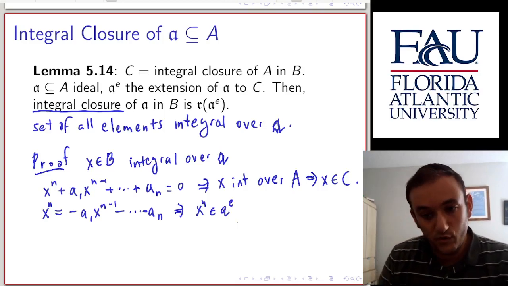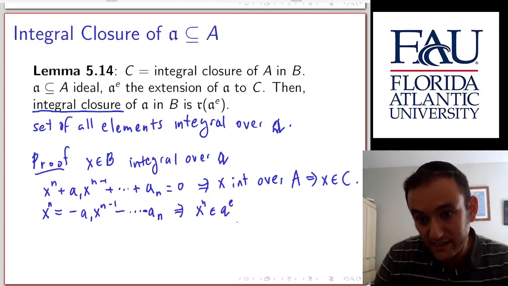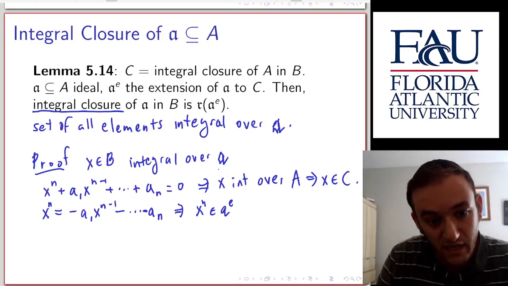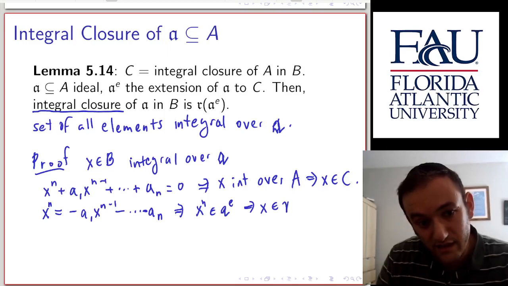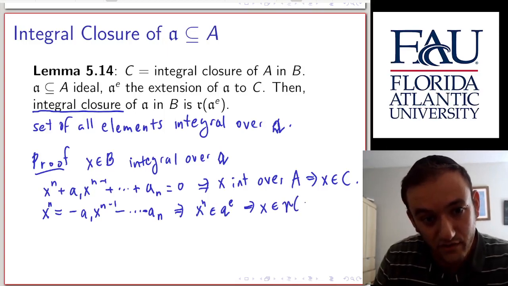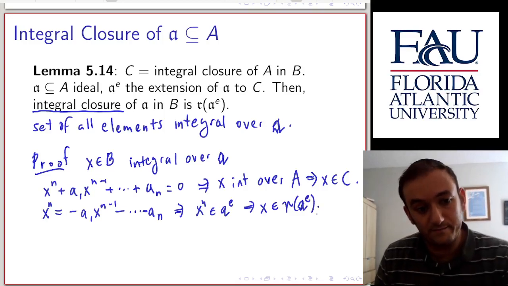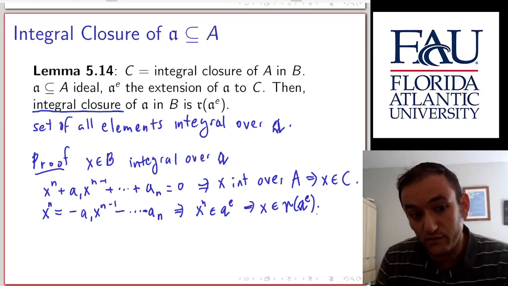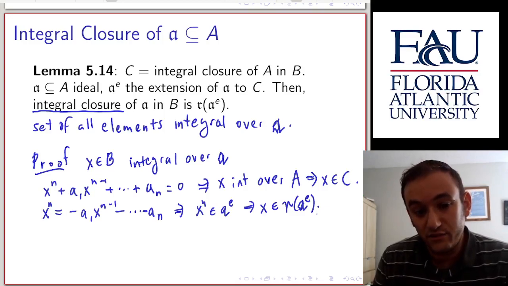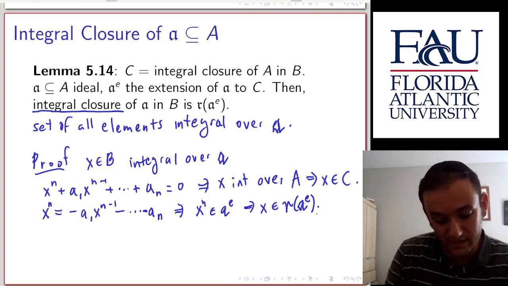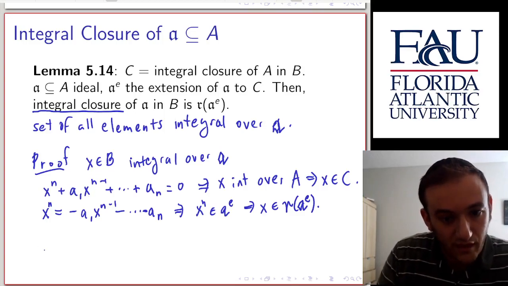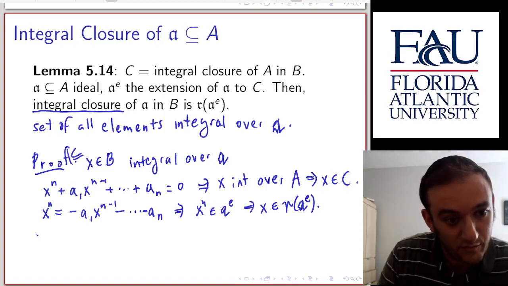Because we're multiplying elements of the ideal by x, which is an element of C. But that means that x itself is in the radical of the extension. So that shows containment in one direction. Certainly the integral closure of A in B is contained in the radical of this ideal.